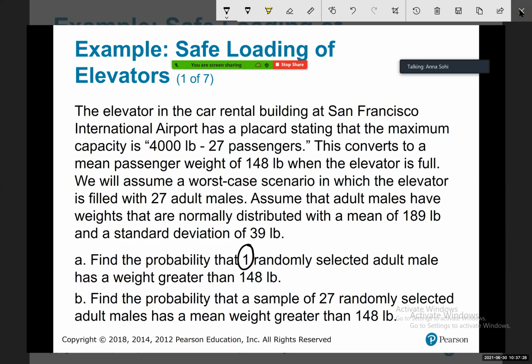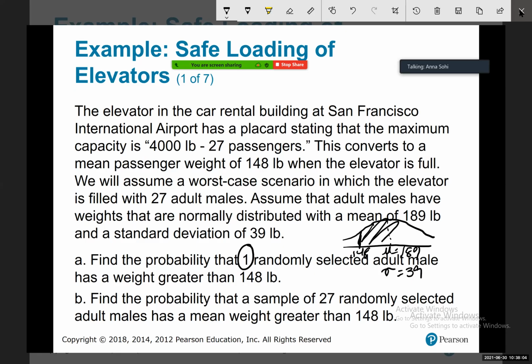So you would write the mean mu of 189 and a standard deviation of 39. Find the probability that one randomly selected adult male has a weight greater than 148. So 148 should be somewhere here.